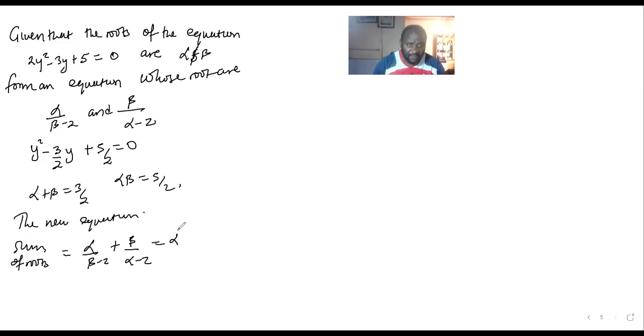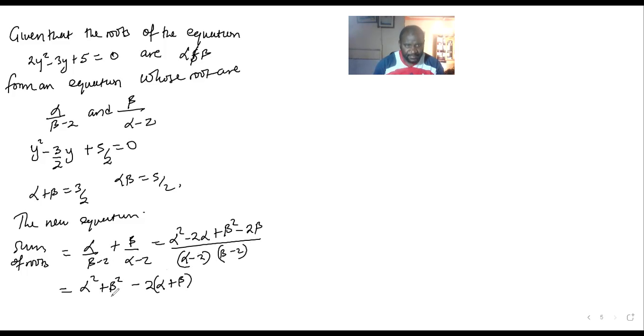So this will give us alpha squared minus 2 alpha plus beta squared minus 2 beta, all over alpha minus 2 times beta minus 2. By expansion, we shall realize alpha squared plus beta squared minus 2 times alpha plus beta, divided by alpha beta minus 2 alpha minus 2 beta plus 4.